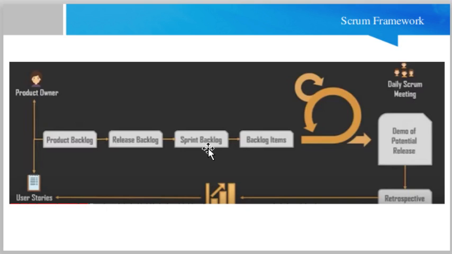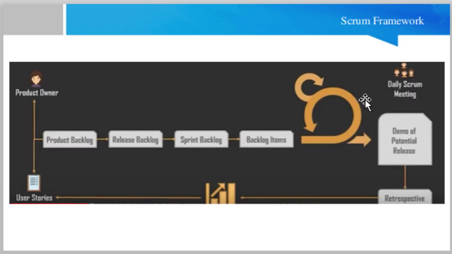The sprint is a 3 to 4 week time box in which we do the planning, developing, testing and reviewing of the work with the customer. It is based on the sprint backlog which we have taken from the product backlog.